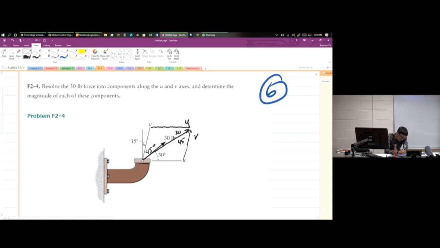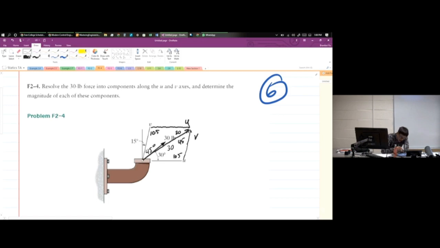And then the two corner angles are going to be what? 105. The sum of all interior angles of the triangle is 180. So that means we can do law of sines. We call this force 30, so we know the length of this middle section right here.